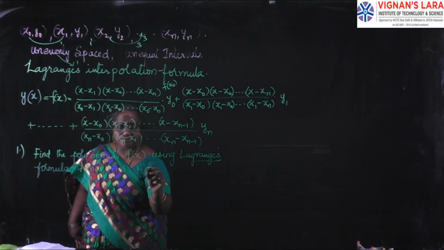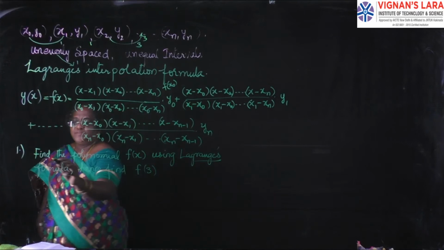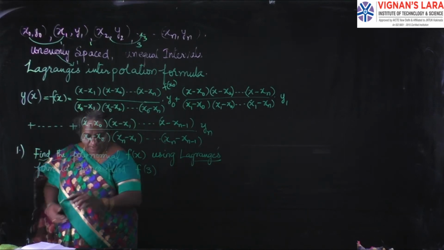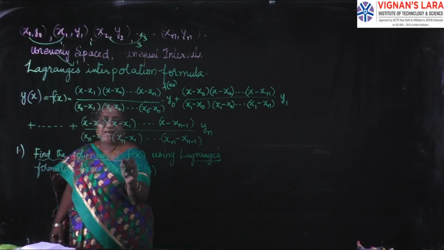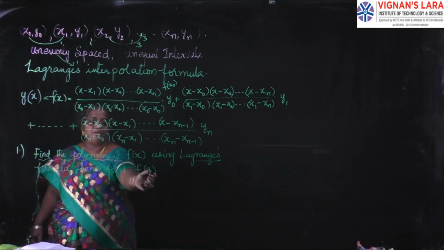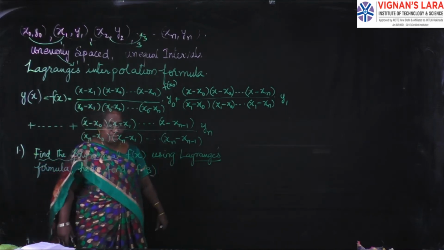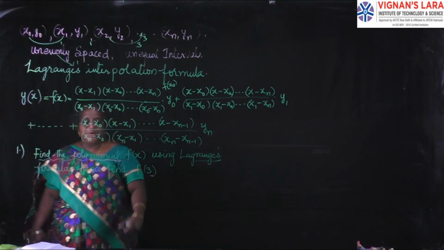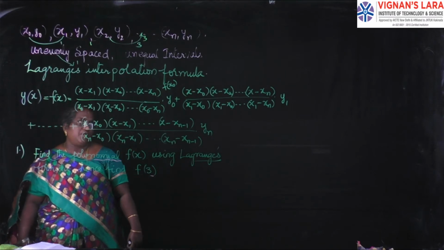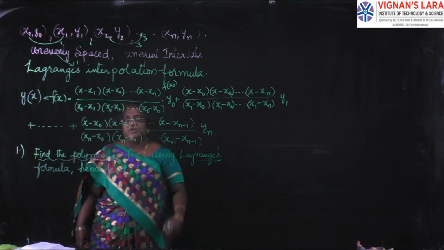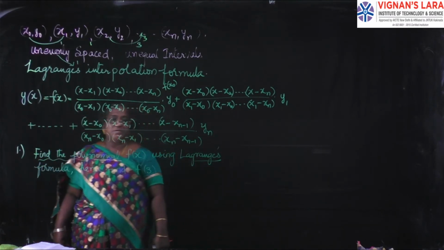Hence find f of 3. So remember, here they ask you to find the polynomial. You are supposed to find the polynomial, not directly substitute 3 instead of x. You have to first find the polynomial. It depends upon the number of points given. If you are given 4 points, you will get a third degree polynomial. If you are given 5 points, you will get a fourth degree polynomial.